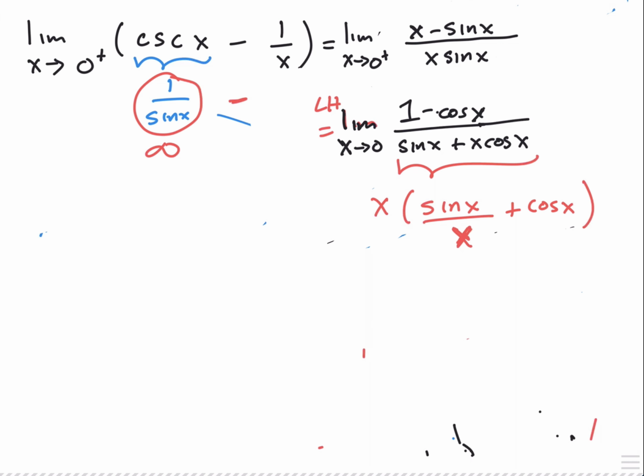I see something, but I'm also curious what doing another L'Hopital's rule would do. I don't know if it would make it better. Should we try? Okay, so this is a try. I mean, I can tell you how to evaluate this.